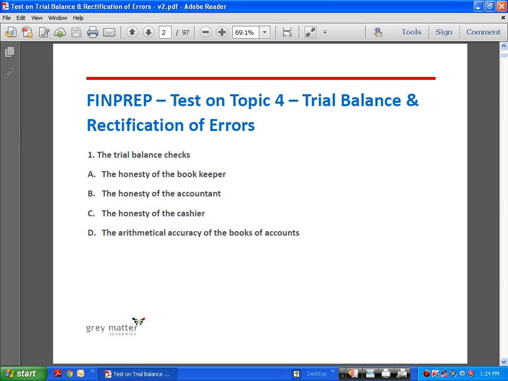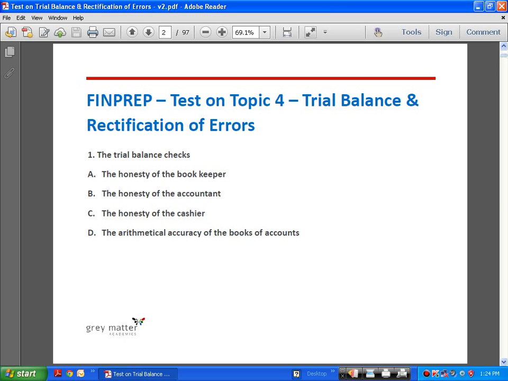Okay, and for every error, we must know what is the impact on the gross profit or net profit, and what is the impact on the net asset position of the business. So this should be our thought process when we are solving problems in this chapter. Right. So with this brief background, let us look at the various questions.